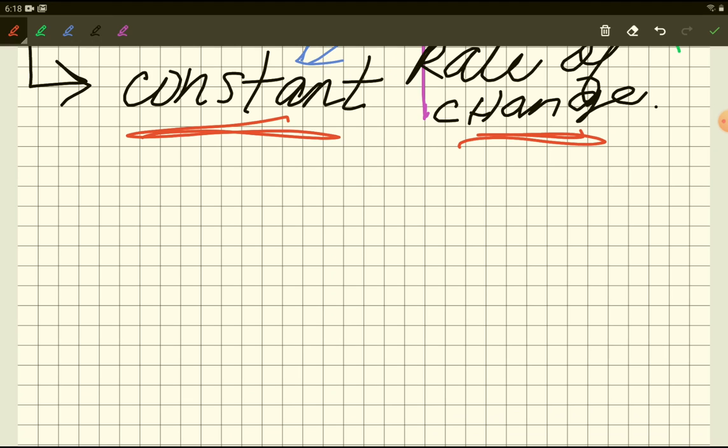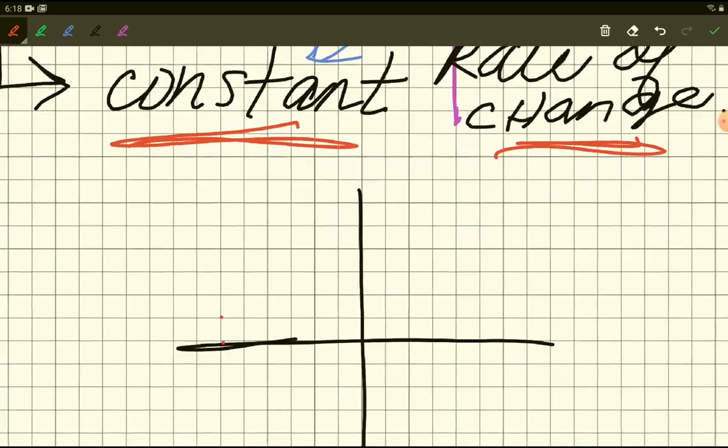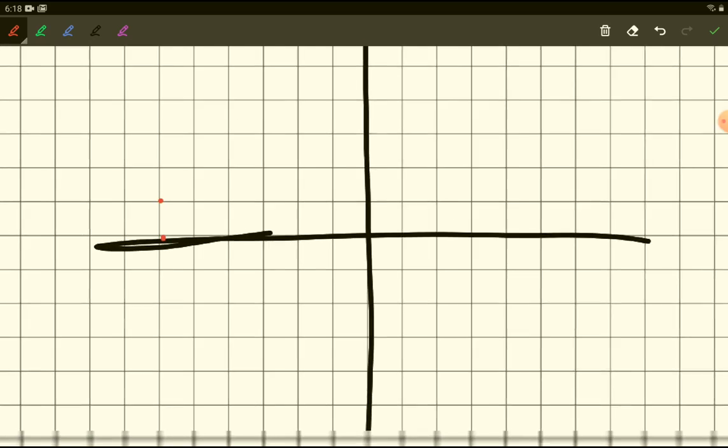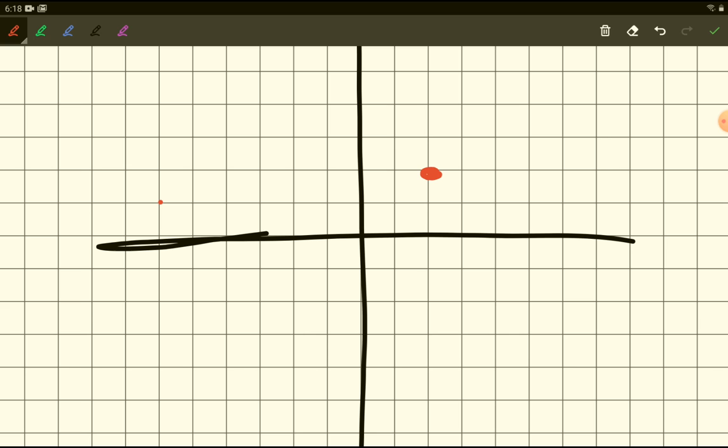Say I have a coordinate plane, and say this is my graph. Okay, four points. Let me make these prominent so you guys can see.